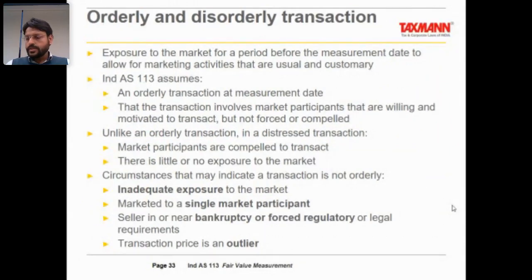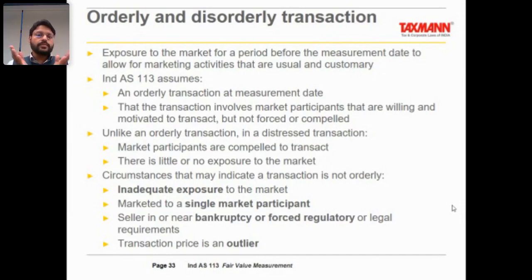I'm not receiving any question, so I'm proceeding. Now the next concept is orderly and disorderly transactions. So as I mentioned, that transaction should be orderly. If I can prove that the transaction was not orderly, then fair value will not be considered based on these disorderly transactions. So exposure to the market for a period before the measurement date to allow for marketing activities that are usual or customary.